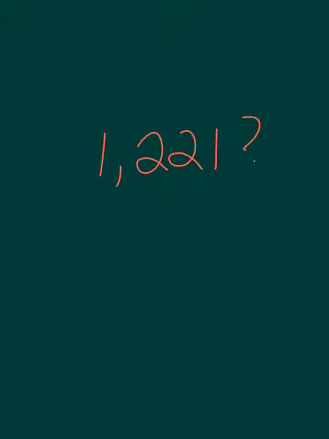Let's take a look at this number, 1,221. So once again, think about our rules. We have 3 different rules. First one is even number, which means it would have to end in a 0, 2, 4, 6, or 8, which is our second rule. And then the third rule is it's a multiple of 2.